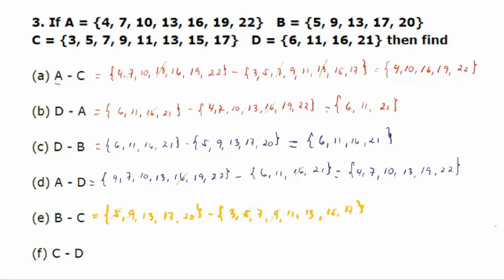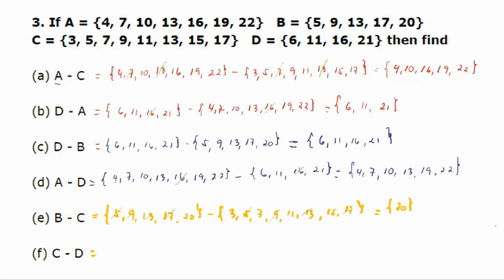About 13? So we have 13, 13. 17, we can also cancel 17 and 17. So what are the remaining elements in set B? So the answer now for B difference C, the remaining element is only 20. So we have B difference C whose set is just the element 20.